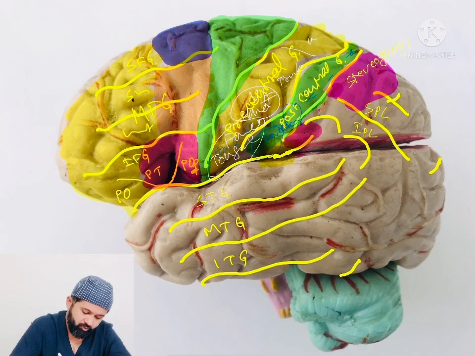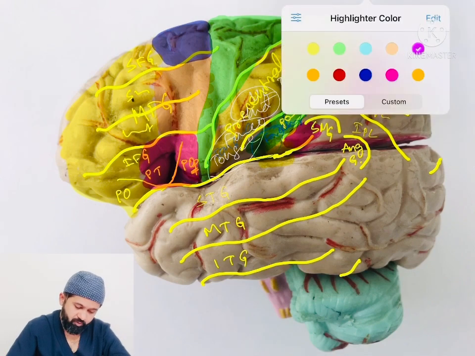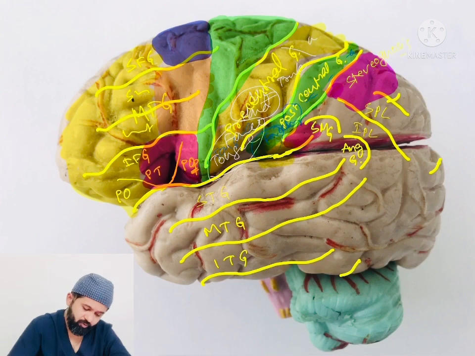The gyrus around the sylvian fissure is known as the supramarginal gyrus, and the gyrus around the superior temporal sulcus is known as the angular gyrus. Now these are again very important gyri, as they are associated with speech.